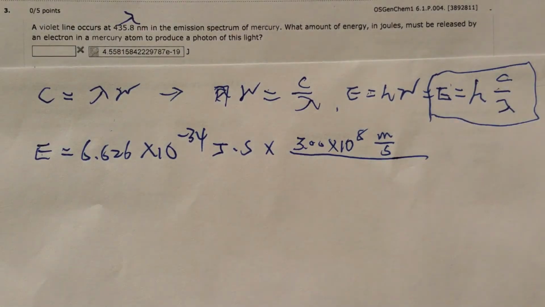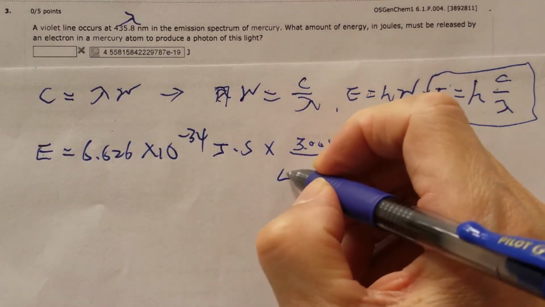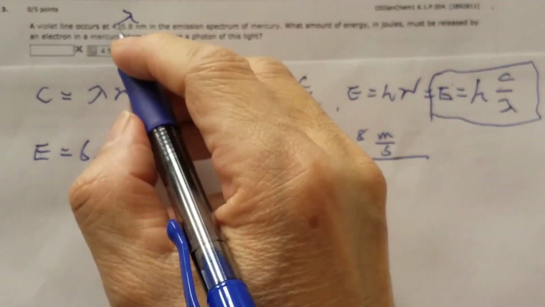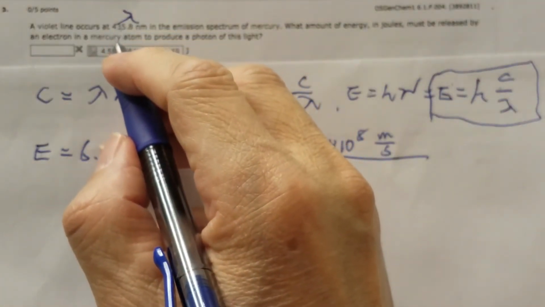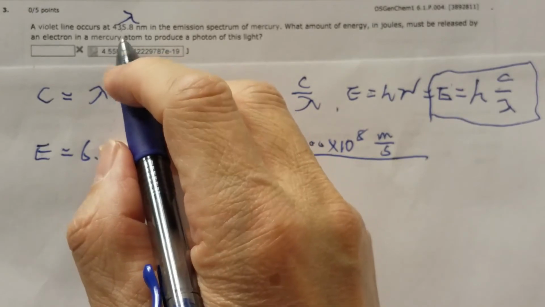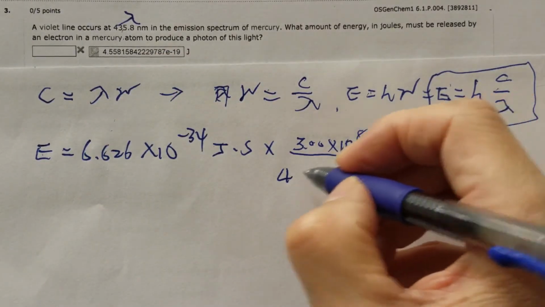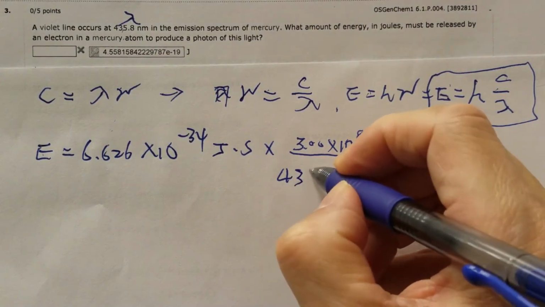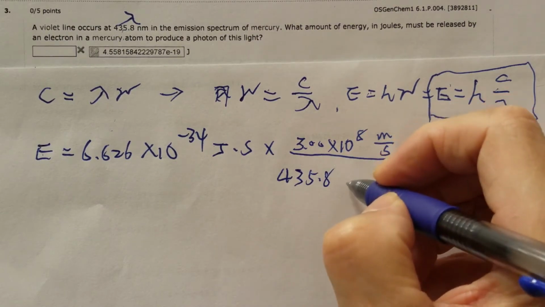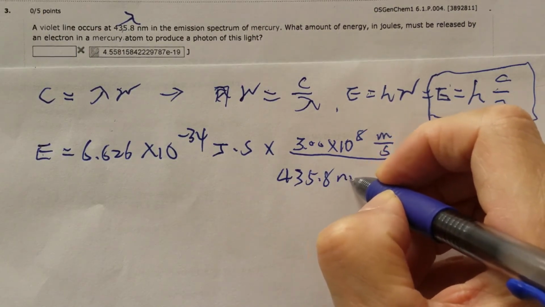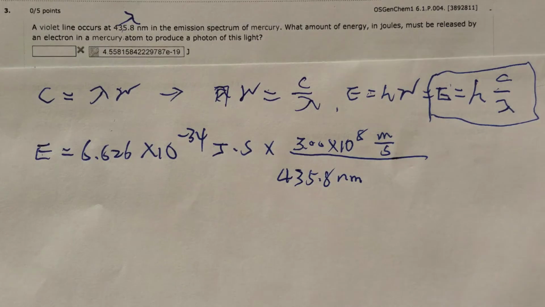And now the lambda is given right here, 435.8. That's nanometers. You see, we have a problem.